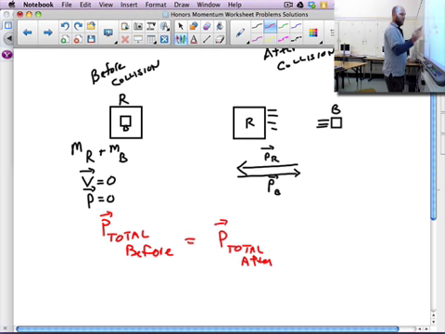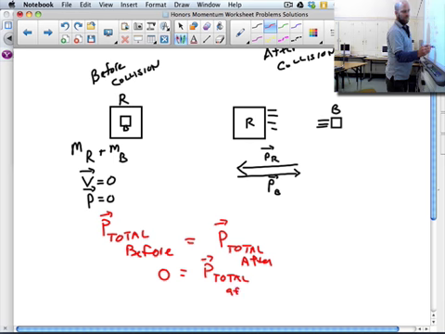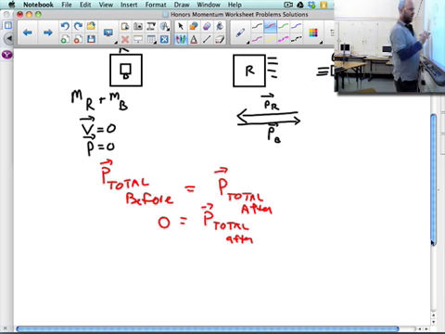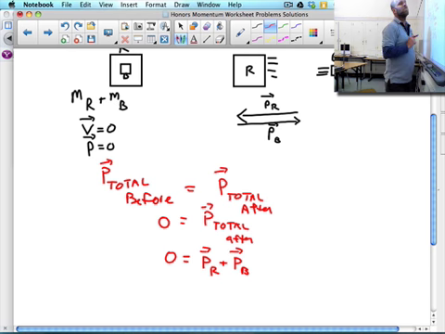Thus, since the total momentum before is 0, the total momentum after is 0. And the total momentum after actually consists of momentum of the rifle plus momentum of bullet. So these vectors must add to 0, which is what we have there.